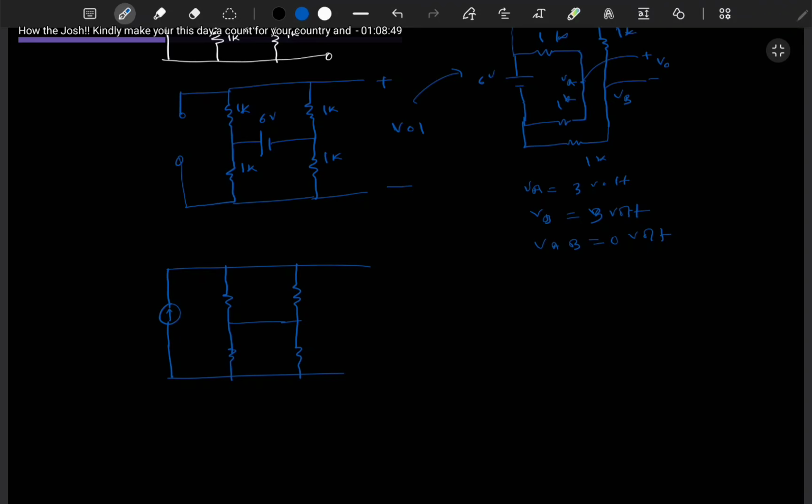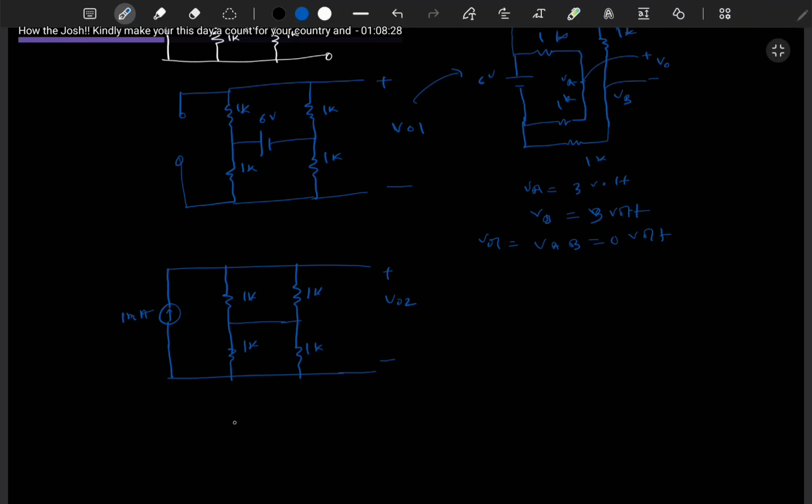So now this one is there. So here I can get V02 if it is V01. Similarly 1K, 1K, 1K, this is 1 milliampere.